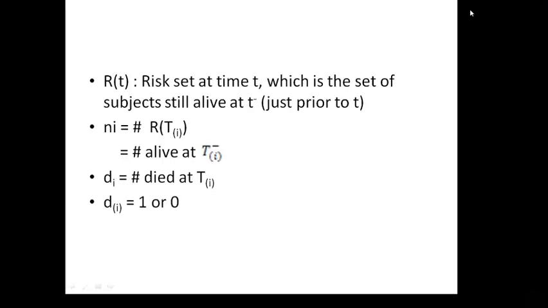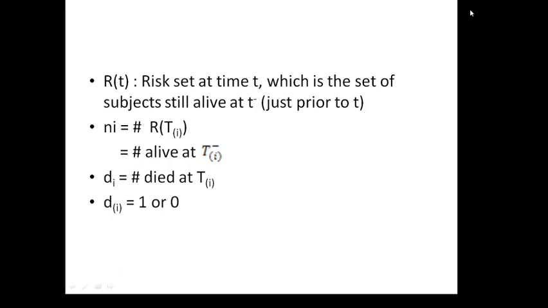Now we'll define some terminologies. Suppose t is a specific time point, then R(t) will be the risk set at time t. At any given point of time, there may be some individuals which are exposed to death. Those are the individuals that are at risk of dying, or those are the components that are at risk of failing. So the collection of all those individuals or units will be a risk set because they form the set which is at risk at that specific time point.